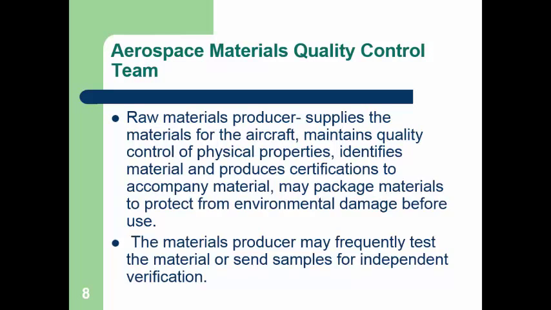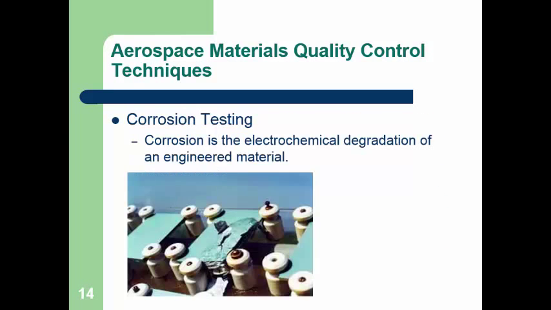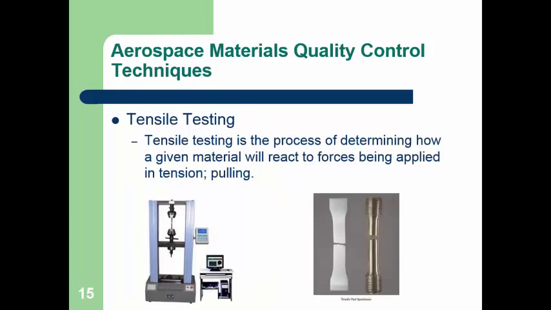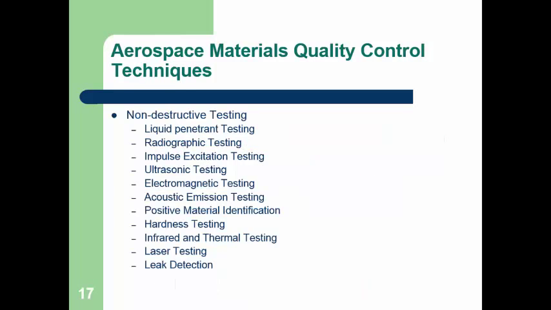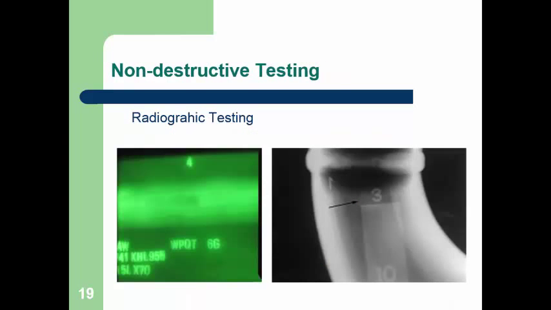So this talks about the basics of quality control. The interesting thing is when we start getting into actual testing of structures in the manufacturing process. So we have liquid penetrant testing, which are things that we don't typically talk about in undergraduate engineering courses or technology courses.